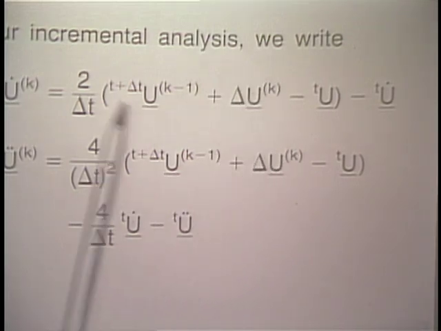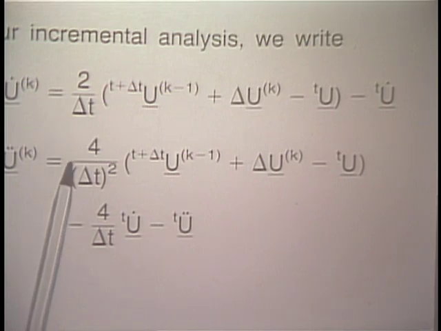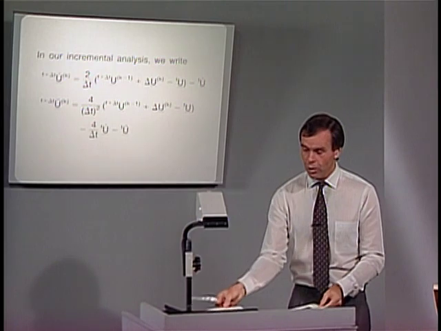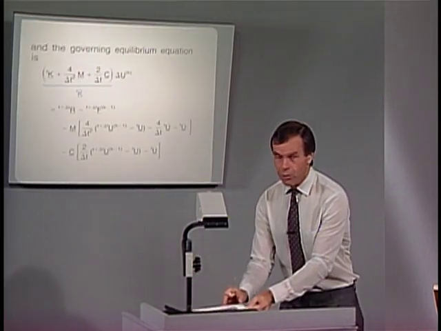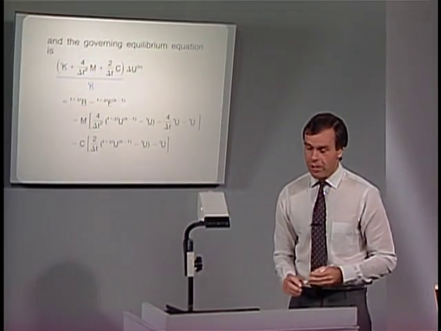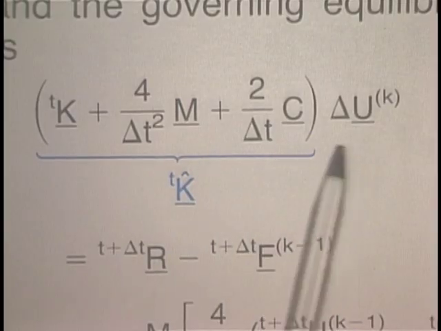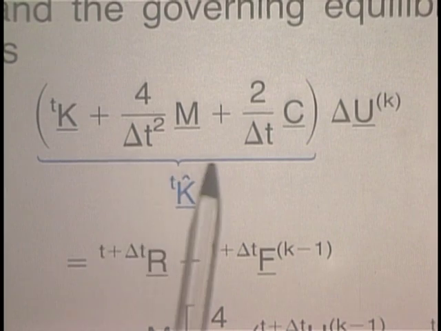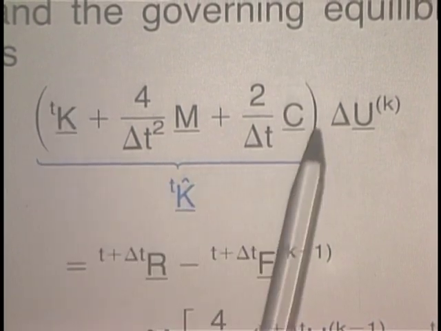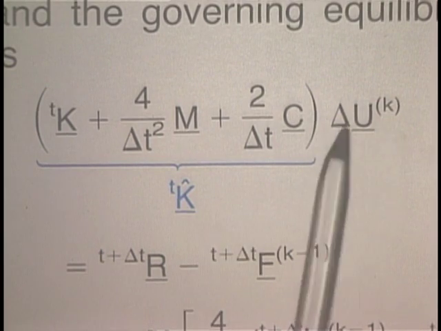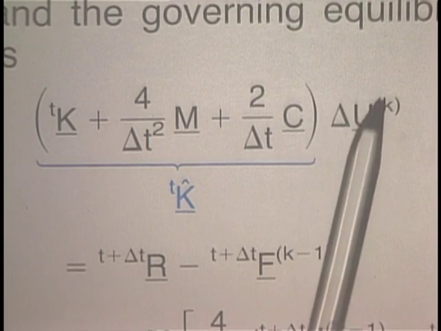We can now use these two equations and substitute into our equilibrium equation, the equation that you saw on the first view graph when we started to talk about the implicit time integration scheme. And the result of that substitution is given on this view graph. We have a coefficient matrix here, which we call t k hat, times the incremental displacement vector, which of course is unknown.